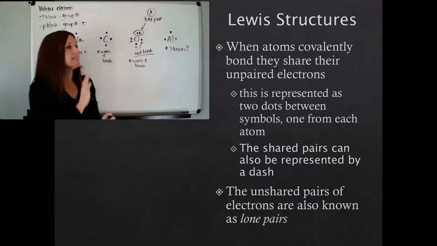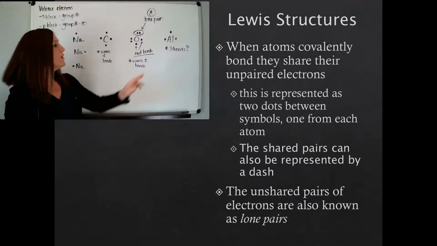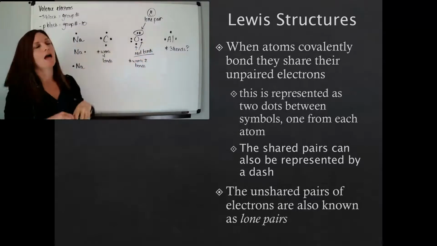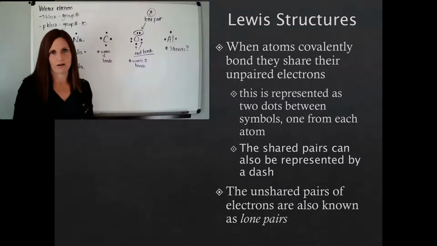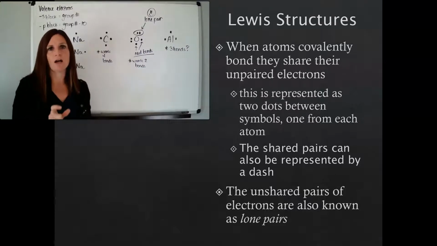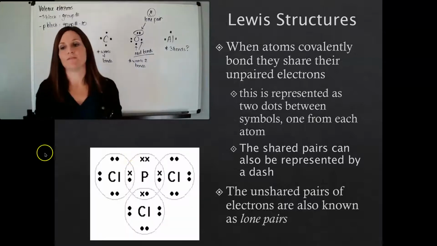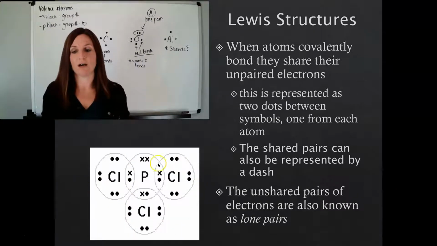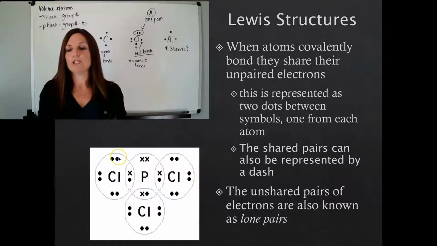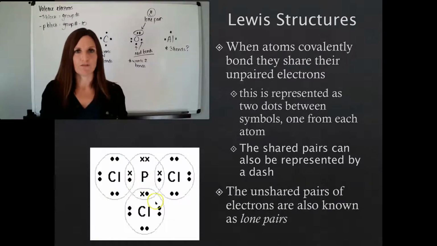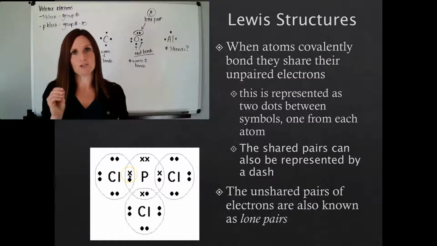When we put these together into molecules, we can represent these dots, these shared pairs, as 2 dots, or we can represent them as a dashed line. So here we have a Lewis structure, and this is what we're going to be working on creating in just a moment, where we start with the Lewis structure for chlorine and the Lewis structure for phosphorus, and we start to fit our missing or unpaired pieces together like little puzzle pieces, and we start to find a match for them.